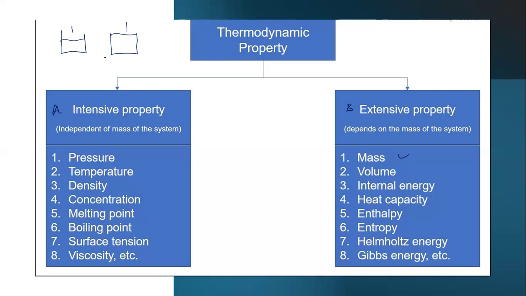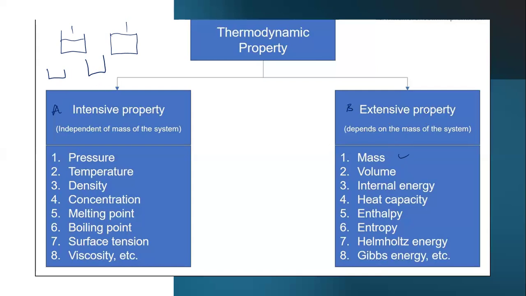Even the volume, look at the volume. What's the volume over here? For an example, take a small container, take a big container. So here the volume is less. Here the volume is high, right? Meaning the volume is an extensive property because it depends on how much mass we have this side and that side. I hope you understand what I'm saying.